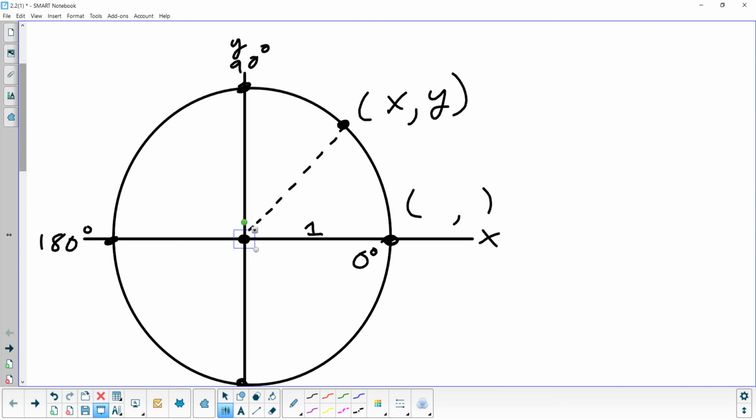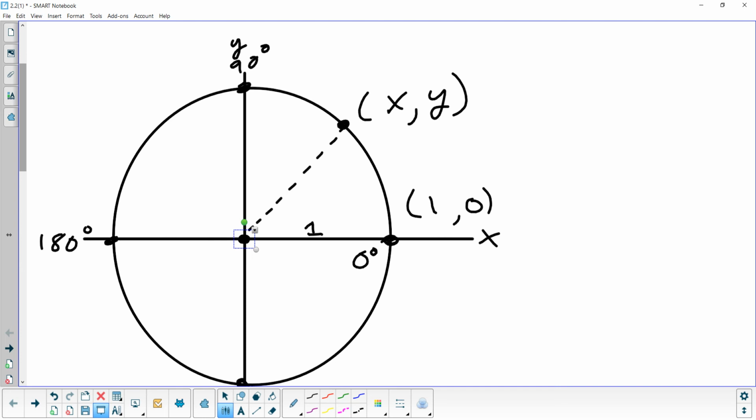All you've done is go to the right, and you're on the edge of the circle, and we know how big the circle is. Yep, Jess? 0, 1, or 1, 0. That's going to be 1, 0. Yep. So on a unit circle, the coordinate that represents 0 degrees is 1, 0.